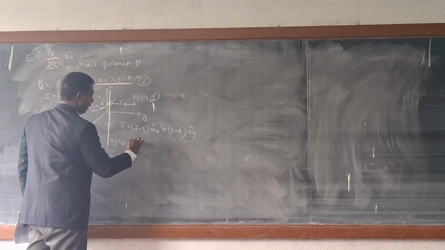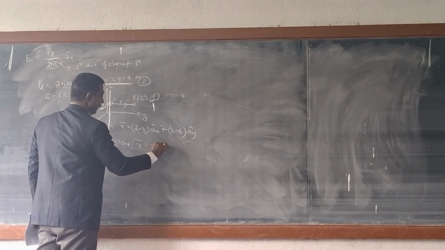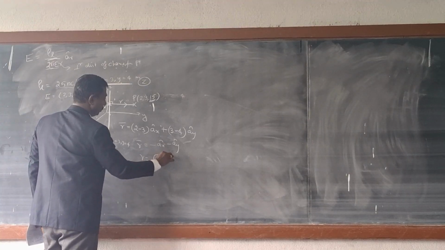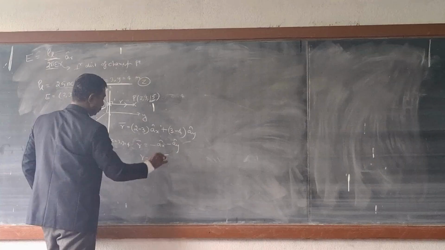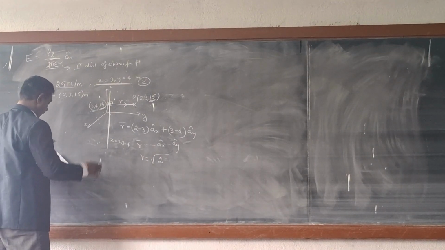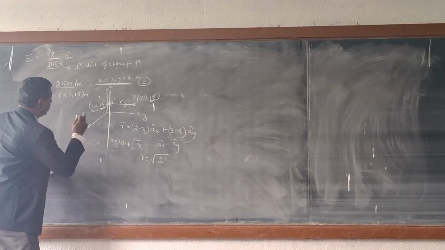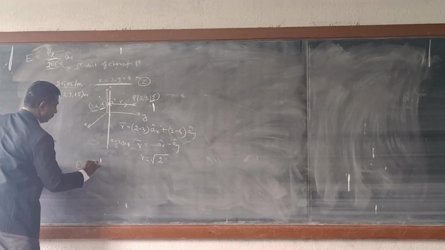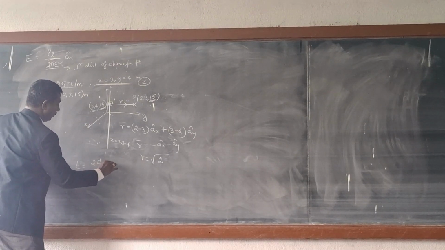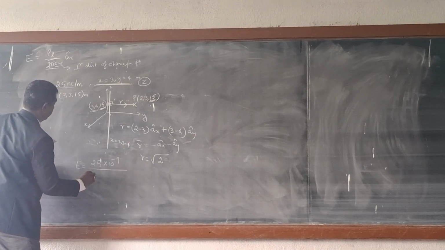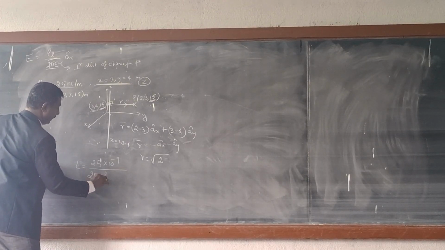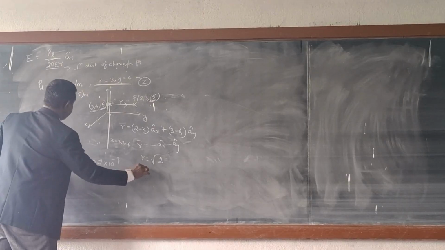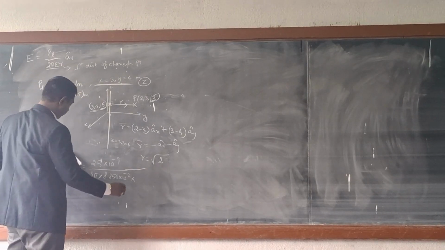So R vector is nothing but minus ax minus ay. What is R? Root of 2. Substitute all these things in this equation. So E vector equal to rho L. Rho L is given as 25 nanocoulomb, nano is 10 power minus 9, divided by 2 pi. Epsilon is 8.854 into 10 power minus 12, multiplied by R. R is nothing but root 2.